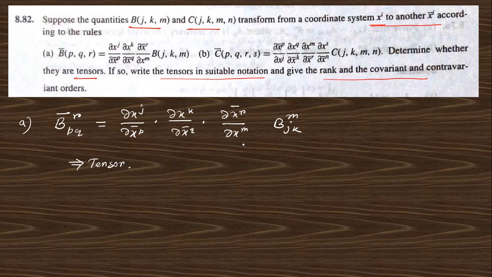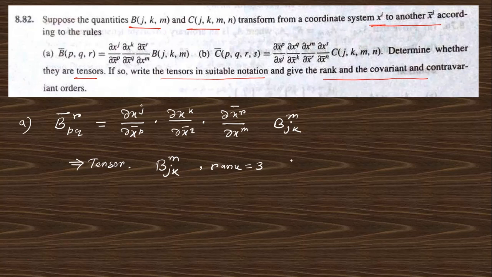For the suitable notation, the tensor notation is written as j k m, and the rank is 3, and this is the contravariant and this is the covariant.